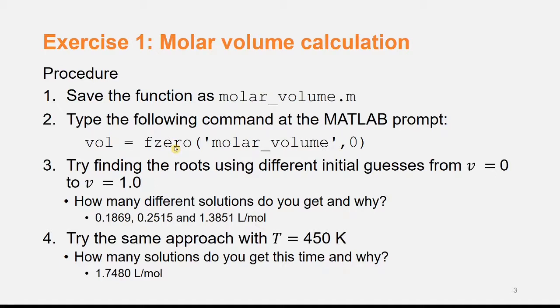fzero finds the roots of the given function. We pass in our function molar_volume, and the 0 tells fzero to use an initial guess of V equal to 0. If you try various initial guesses between 0 and 1, you will find 3 roots.